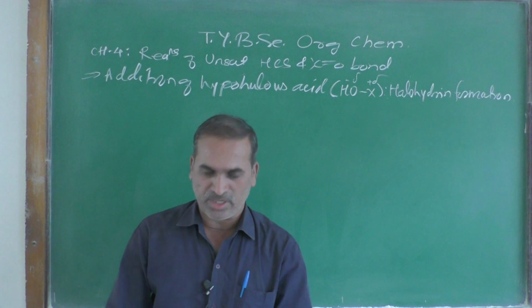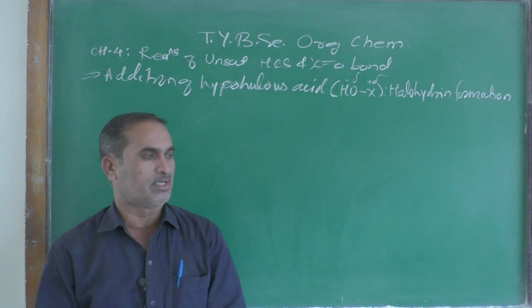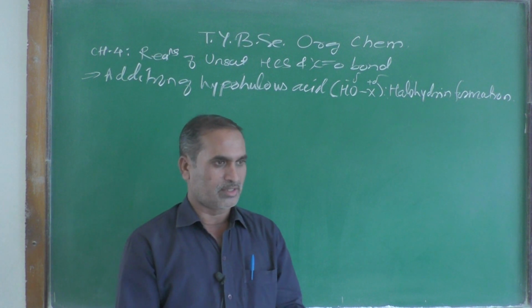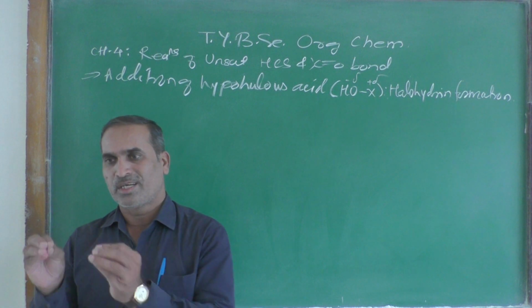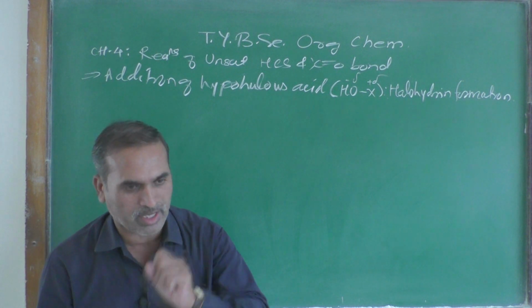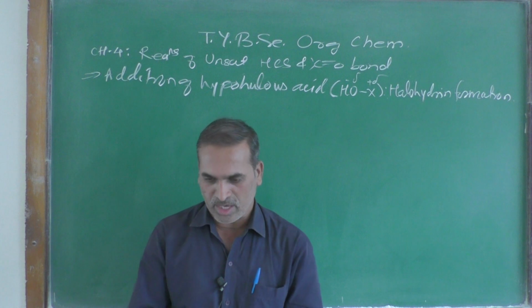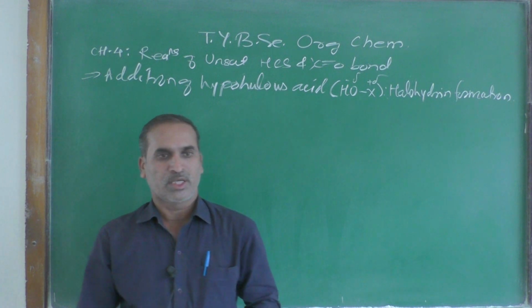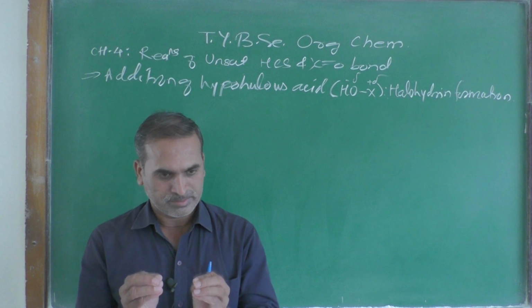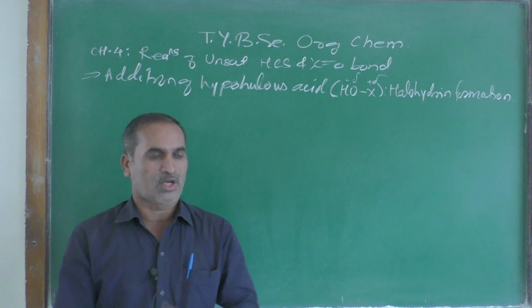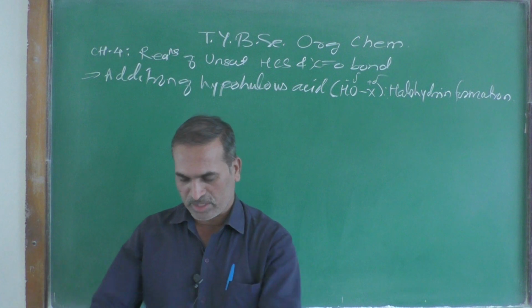And the halogenation reaction is one of the classical methods for identification of unsaturation of organic compounds. So that we have seen by taking various examples, and we have discussed the mechanism.